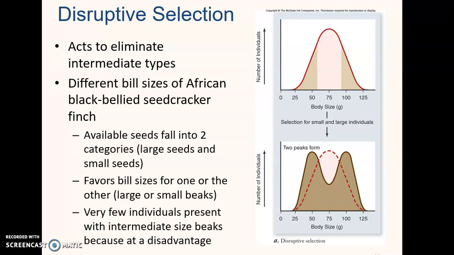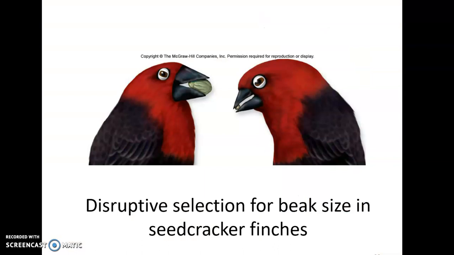There are very few individuals present that have an intermediate size between the two because intermediate bill size is at a disadvantage. Birds with intermediate bill size can't open large seeds because they're not strong enough. They're too clumsy to open small seeds. Right, so we either see very large bills or very small bills, not much in between.